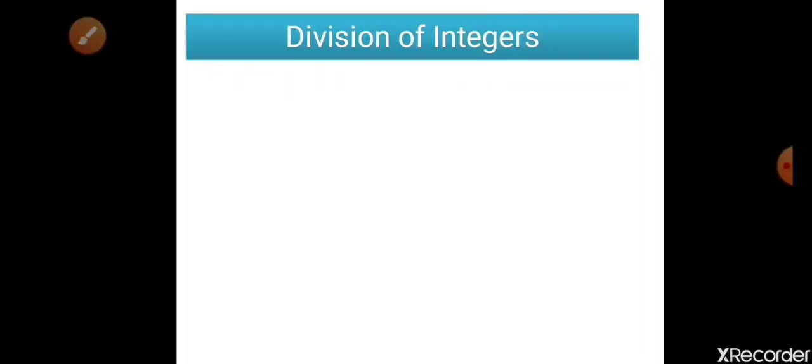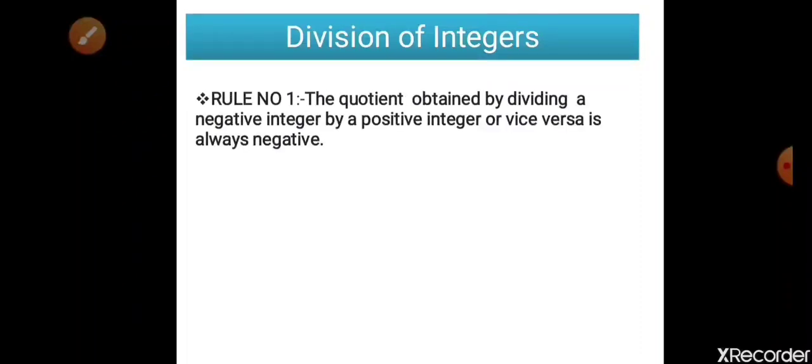So the first rule is rule number 1: the quotient obtained by dividing a negative integer by a positive integer or vice versa is always negative. So let me explain this to you. If you divide a negative integer by a positive integer, then the quotient you are going to get is always negative.